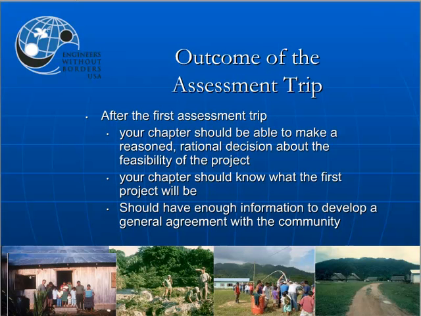And lastly, you should have enough information to be able to develop a general written agreement with your community. A lot of times these are called memorandums of understanding, but basically it's some kind of a written document that would be signed by the chapter, the community, and a lot of times also your partner non-governmental organization, your partner NGO.